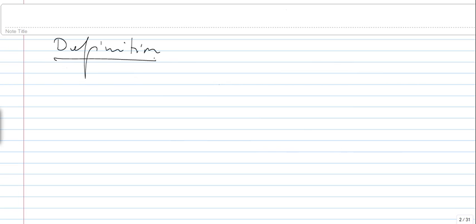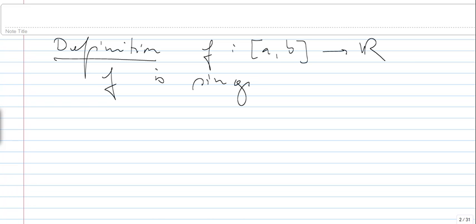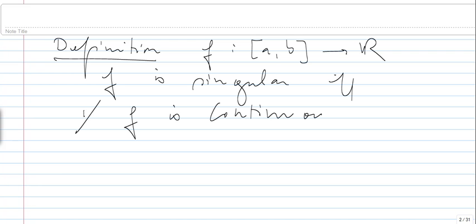So you have a function f defined on [a,b] into R. We say that f is singular if, and only if, number one, f is continuous. Okay, so this is very important for later on for the Riemann integration and Borelian functions.